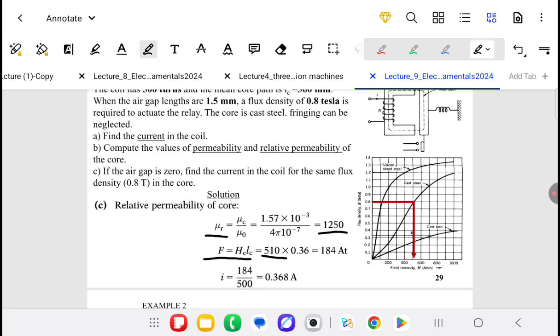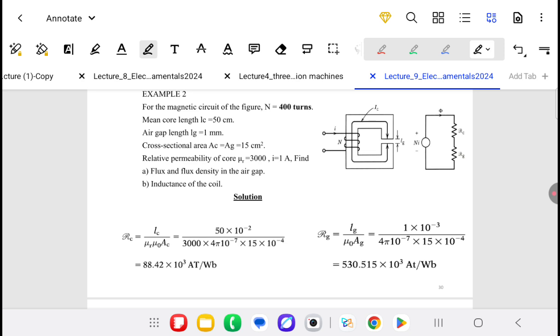We have H core 510, obtained from the BH curve, and 0.36, which is the length of the core given in the example, converted to meters. Then F equals 184 ampere turns. From the magnetomotive force, or HL, we get I equals 184 divided by 500, which is equal to 0.368 amperes.